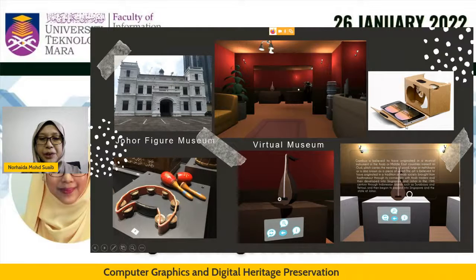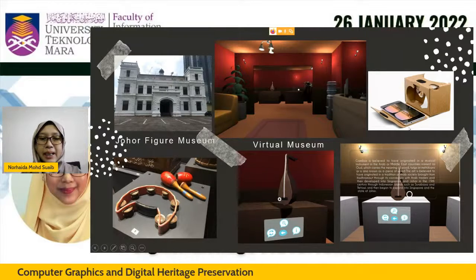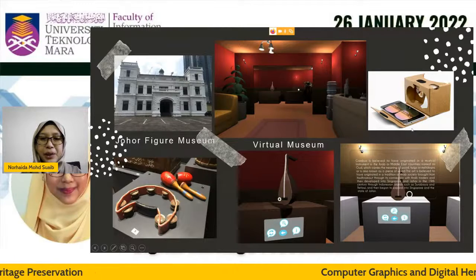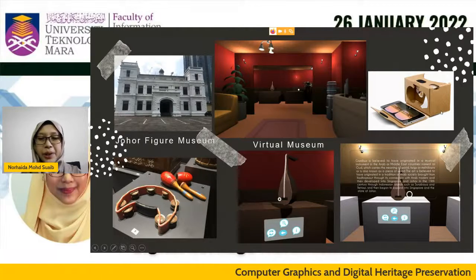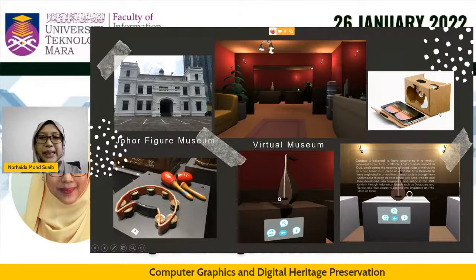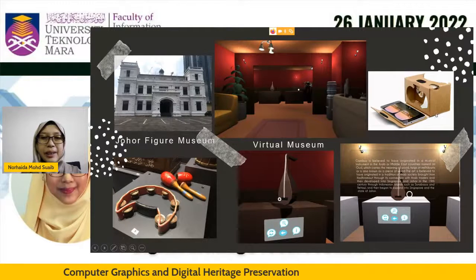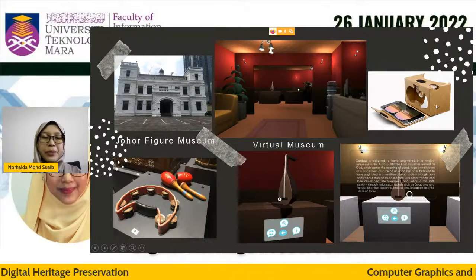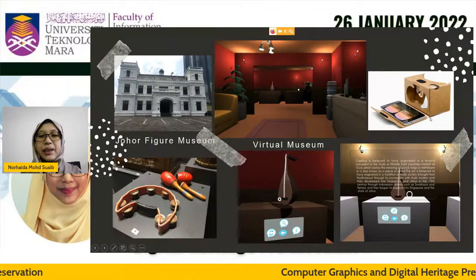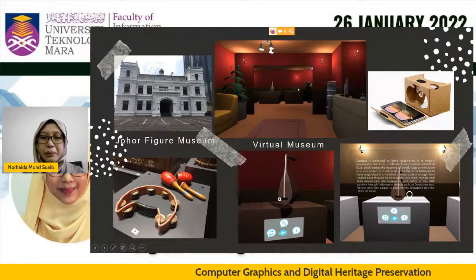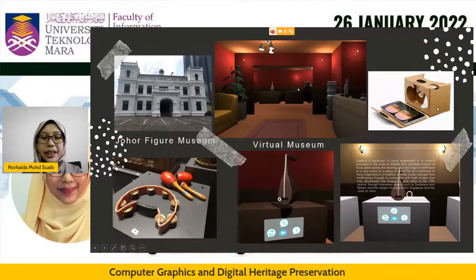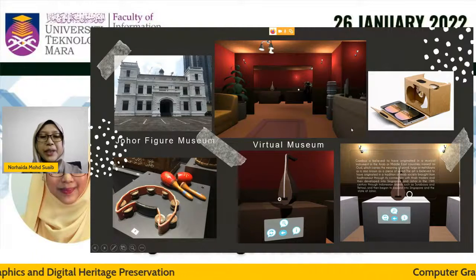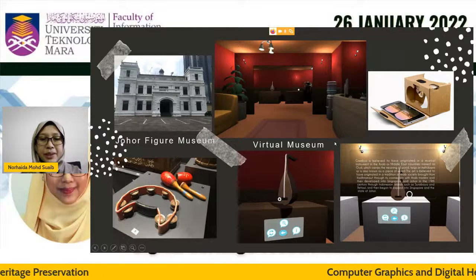Everybody has smartphones, so the application can be installed on a smartphone, and it is better to combine it with Google Cardboard, or nowadays you can also download a template and build your own Google Cardboard without having to buy the actual one. So the combination of smartphone and Google Cardboard gives you a low-cost head-mounted display to view the virtual museum.